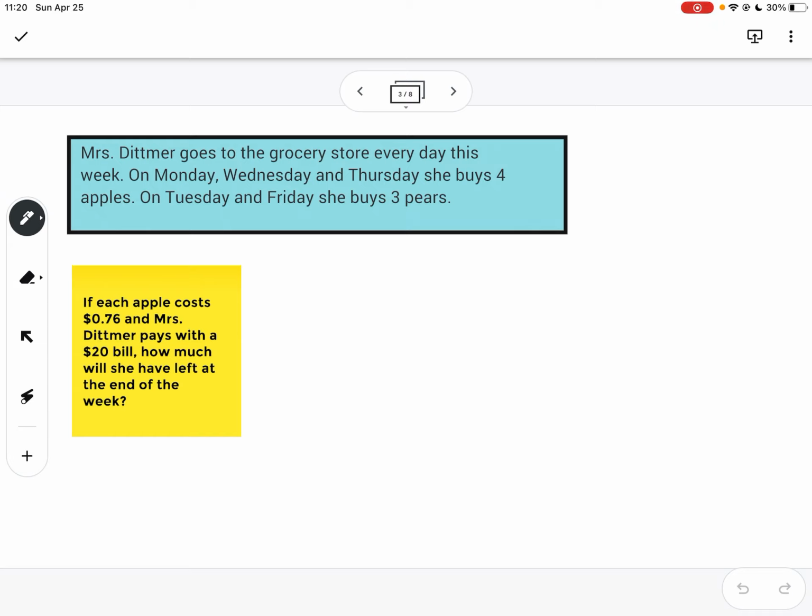So our last question here is, if each apple costs 76 cents and Mrs. Dittmer pays with a $20 bill, how much will she have left at the end of the week? So here we're only looking at the apples. We're not going to worry about the pears for right now. So we know that we bought 12 apples. That's something that we figured out before.